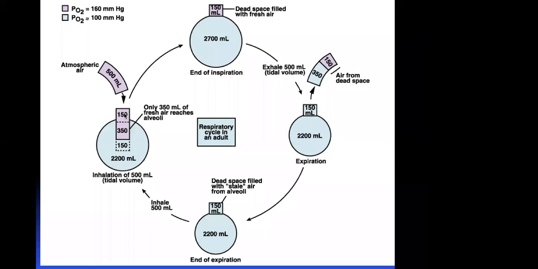This is where that other circular diagram becomes useful. 350 mils of fresh air, fresh meaning full of oxygen, reaches the alveoli, and it enters what we call alveolar air, the functional residual capacity. So you add 350 to it.